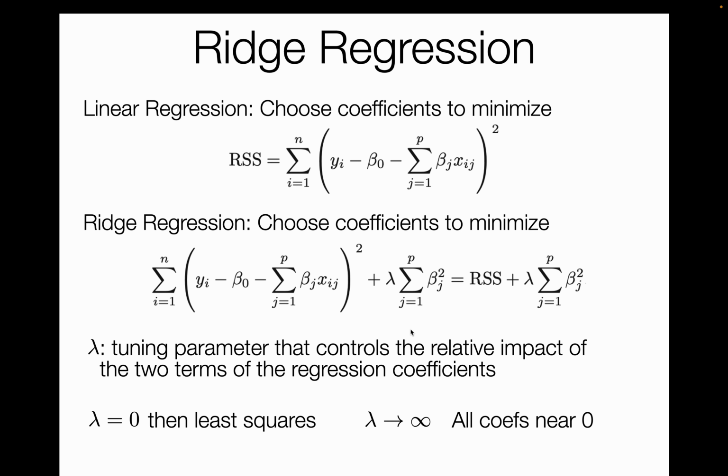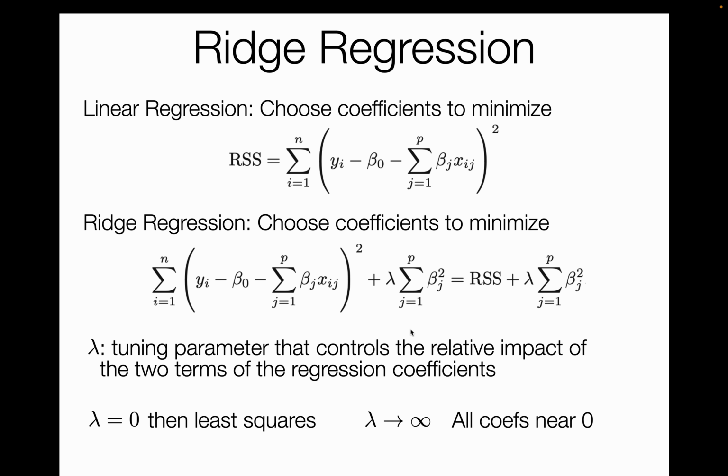Usually you choose the coefficients to minimize that top thing, so we're just minimizing residual sum of squares. Now what we're doing is adding essentially a bias term. We haven't talked a lot about bias before, and we will later, but bias is essentially something that's away from the theoretical truth.